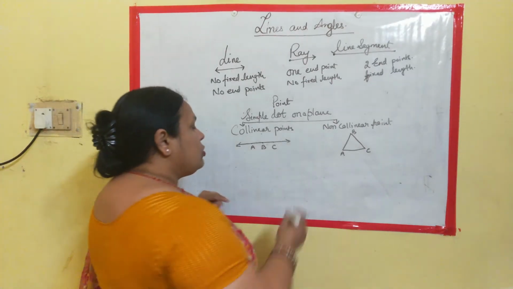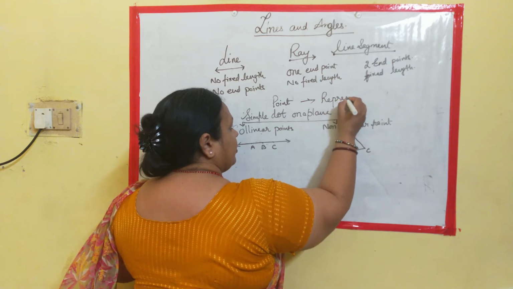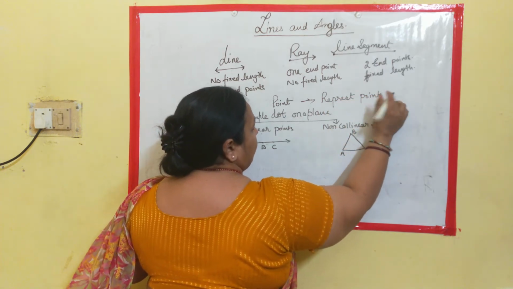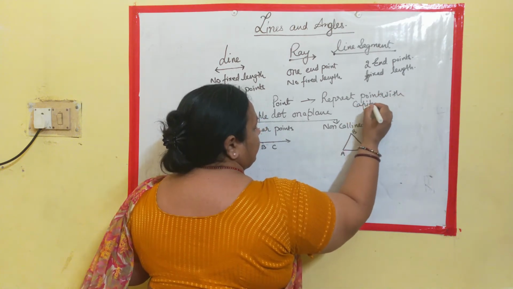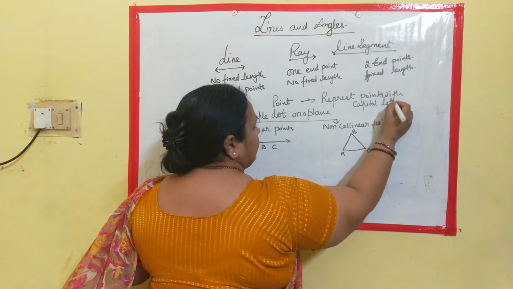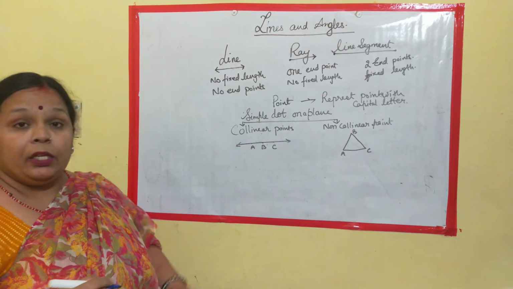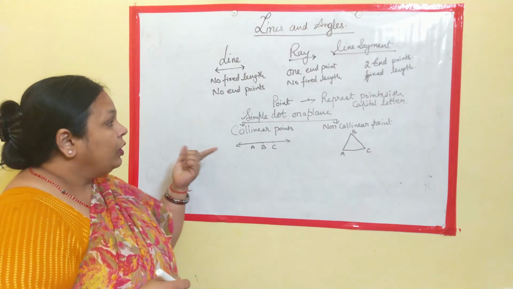Now we also know that we represent a point with a capital letter. Clear? And a line is always represented with a small letter.